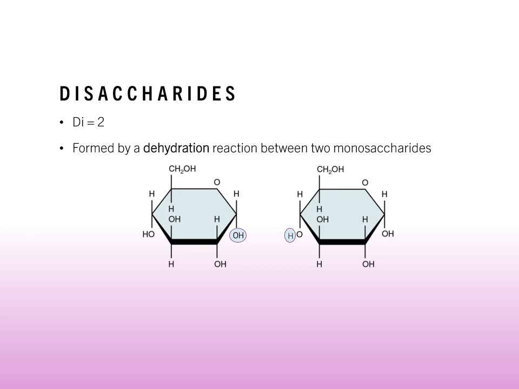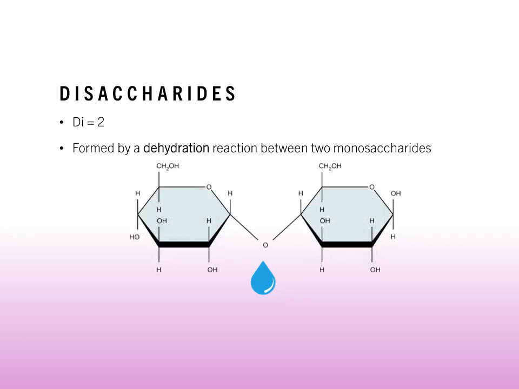The dehydration reaction here is going to happen between the hydroxyl groups indicated on the image, where one hydroxyl group will combine with the hydrogen from the other, yielding a molecule of water. The remaining oxygen of the second hydroxyl group will covalently bond to the carbon from the other molecule, forming the disaccharide, which in this case is maltose, because we've linked two glucose molecules together.